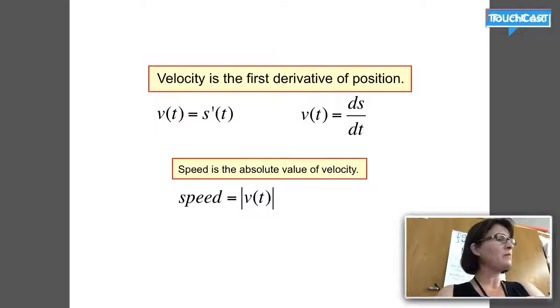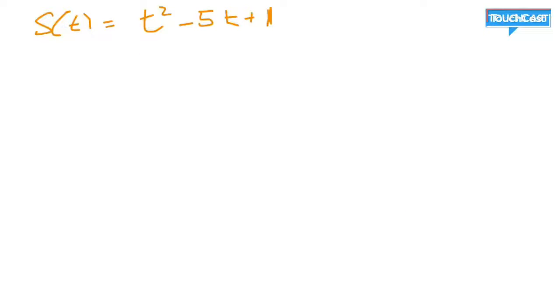Okay, and then there's a problem there on your paper. So here's the function we're given. We've been told s of t, the distance function, is t squared minus 5t plus 1. We've been asked to write an expression for the velocity of the car. So the velocity of the car, v of t, is the derivative of s, so that's equal to s prime of t.